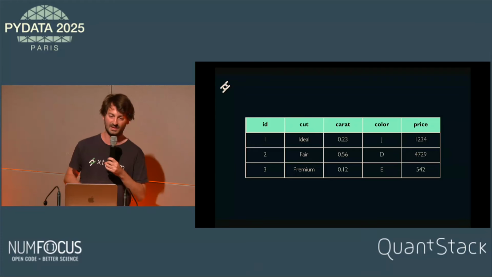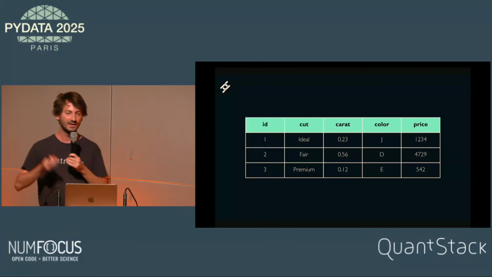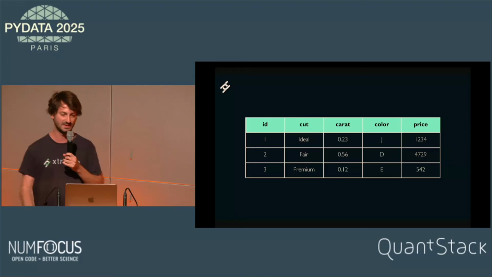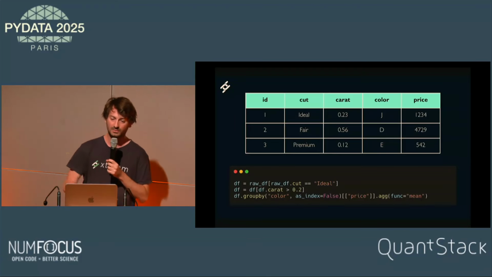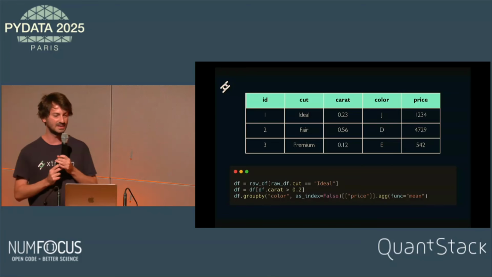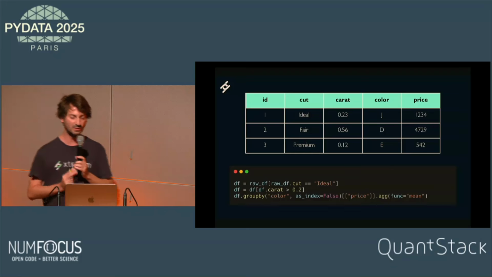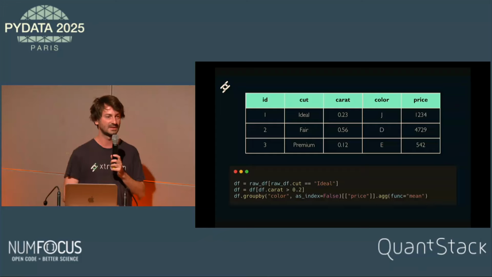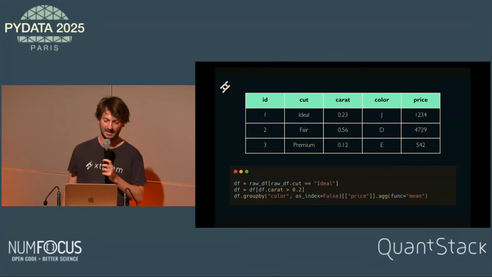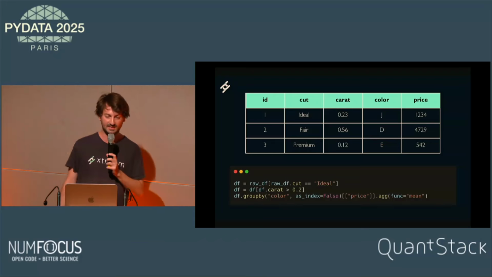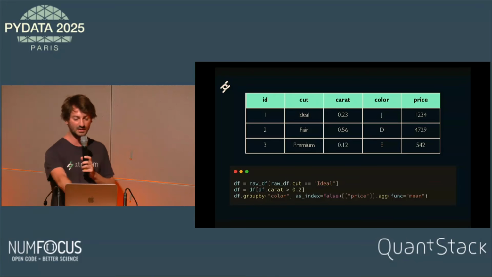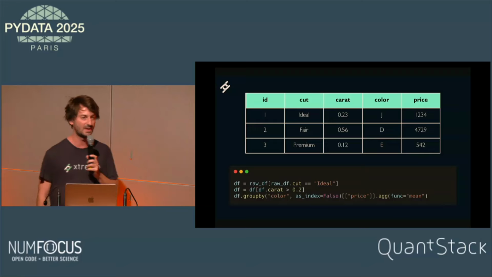You have different types of columns: integer columns, categorical columns, and real valued columns. You want to make some transformations on this data set. For example, you want to filter only the diamonds that have cut equal to ideal and that weigh more than 0.2 carats. And then you want to compute the average price by color.